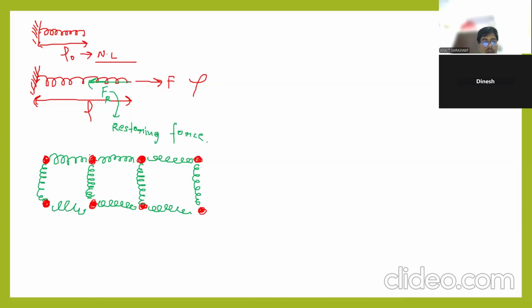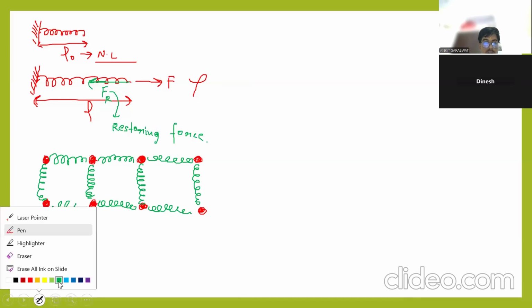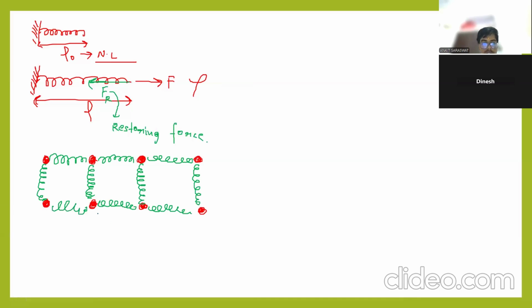The molecules are at a separation of R naught. What is the separation between these two molecules? R naught. This is known as intermolecular separation.